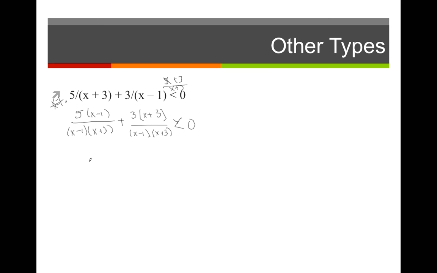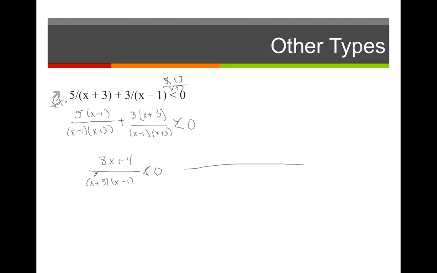This is 5x plus 3x becomes 8x. Negative 5 plus 9 becomes 4. And now we have a single fraction that we can do our sign chart for.